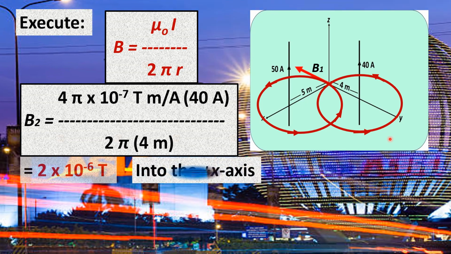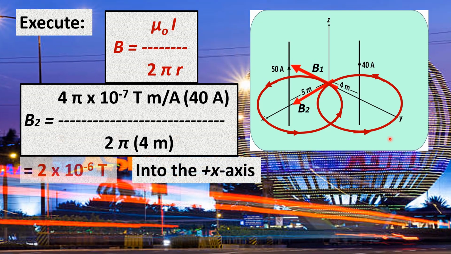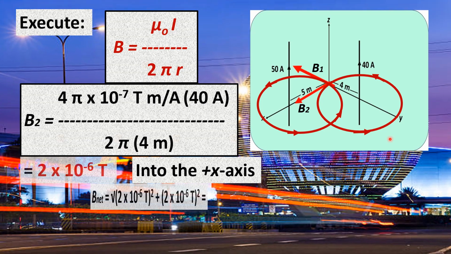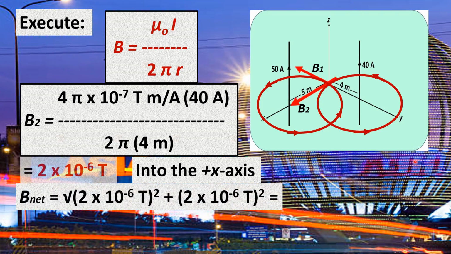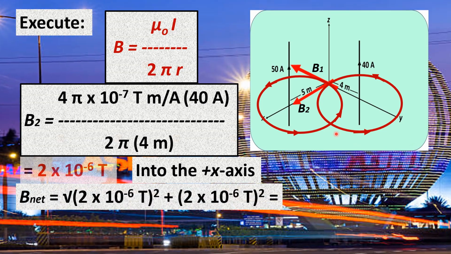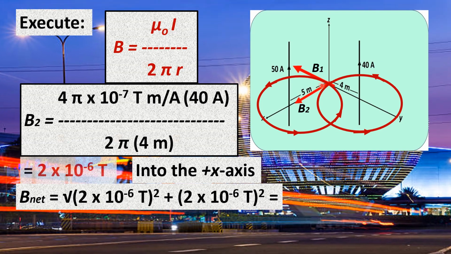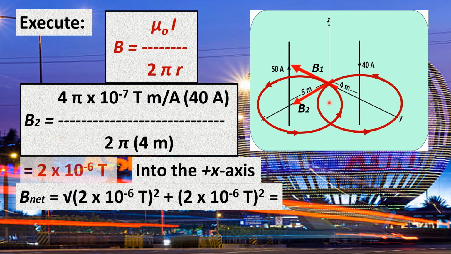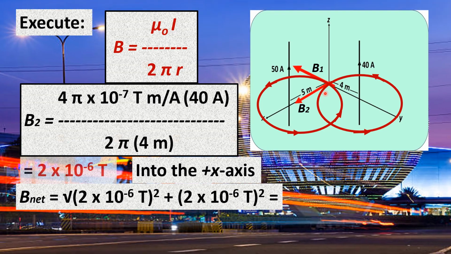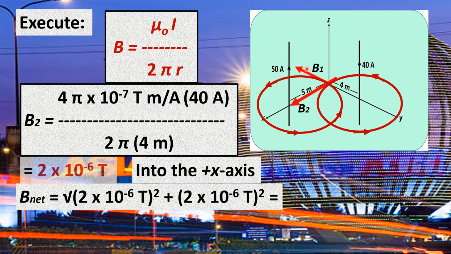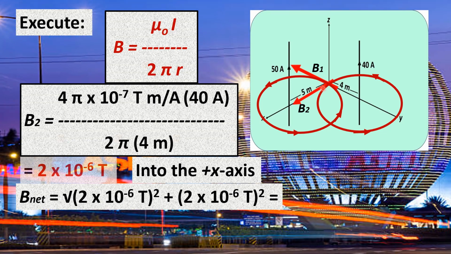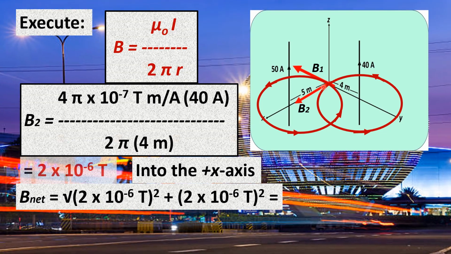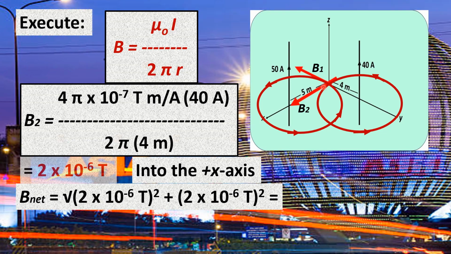And that means that with B1 directed into the negative y-axis, while B2 directed into the positive x-axis, the two magnetic fields are perpendicular to each other, or that they form a 90-degree angle.